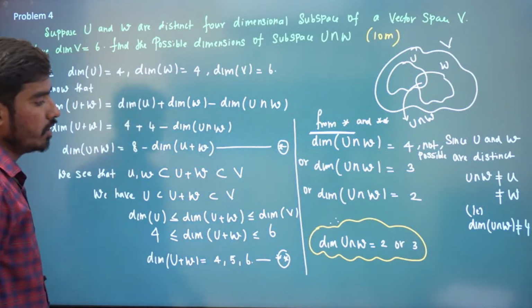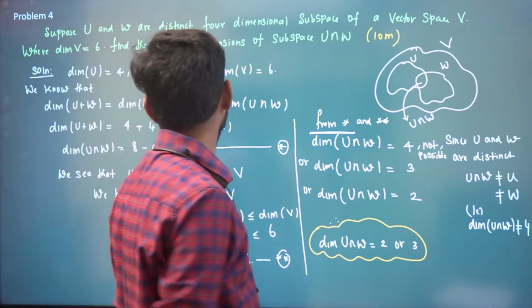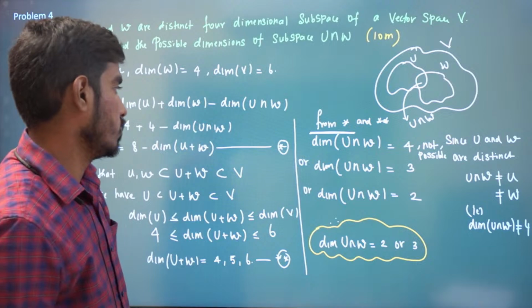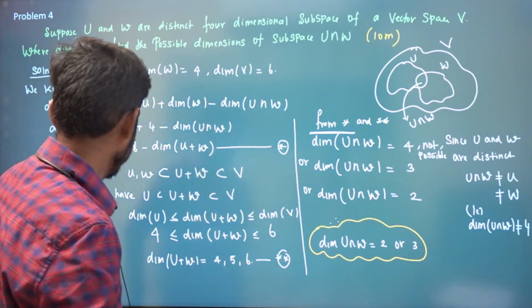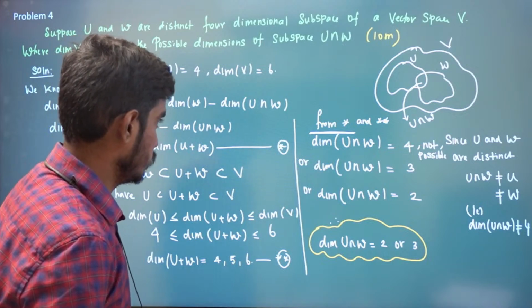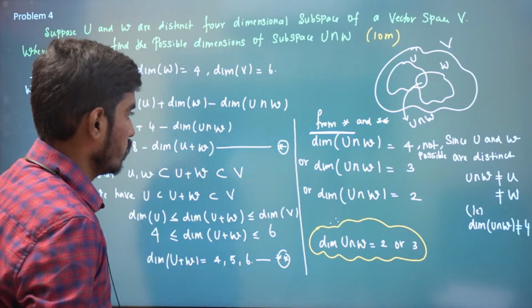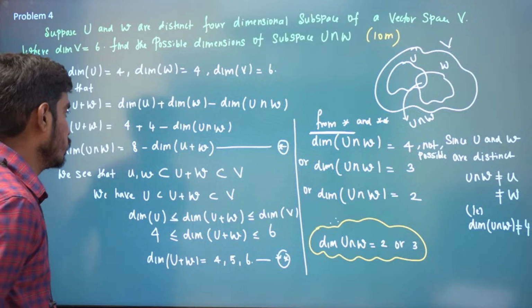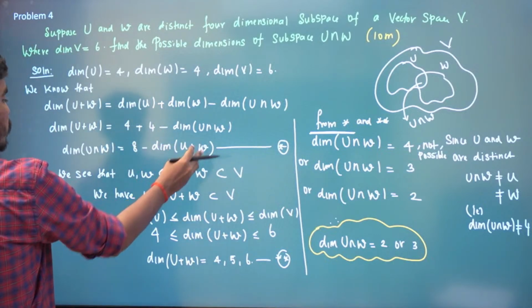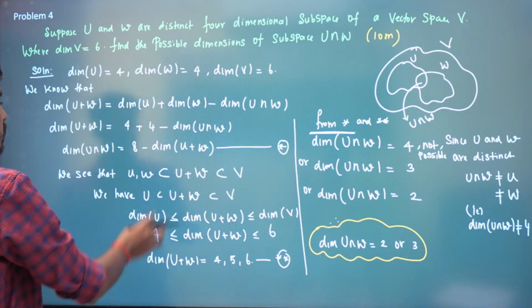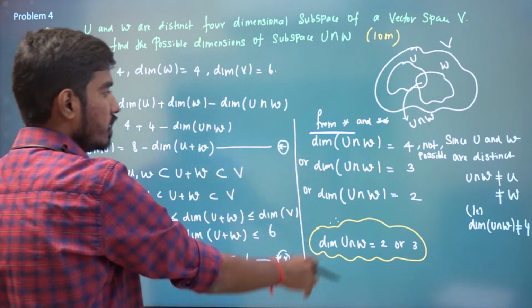Okay, the dimension of U intersection W is either 2 or 3. Is it clear? Very simple, right? I'm just using the dimension theorem. U plus W lies between 4 and 6. That means the dimension of U intersection W can be 4, 3 or 2.